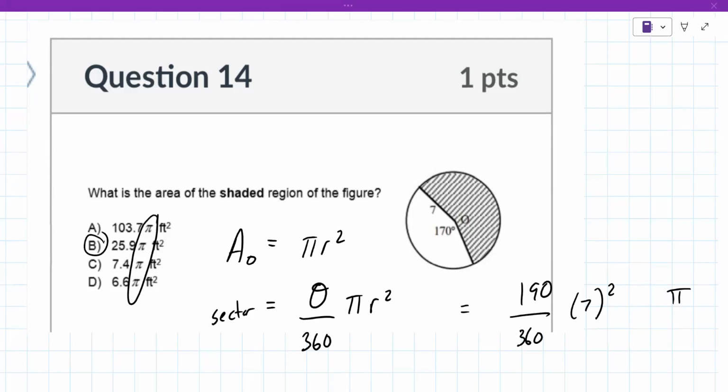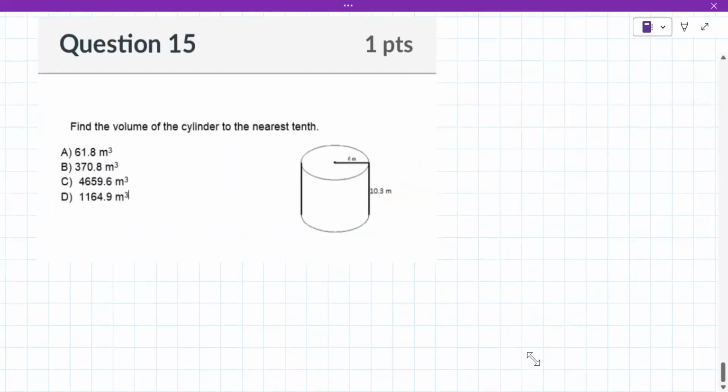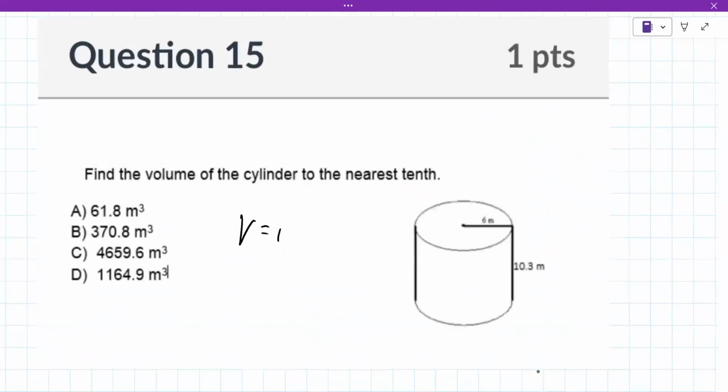All right, so here's another problem for you to do. I'll give you the formula. You can see a lot of these, if you don't have the formula, there's just no path to getting the answer. It's impossible. So go give that a try. Okay. Let's see. Pi r squared times height. I don't know the volume.